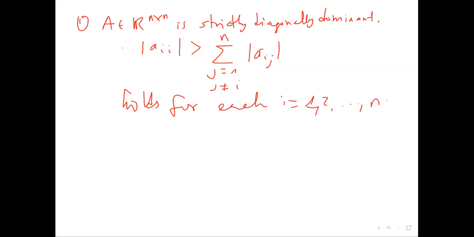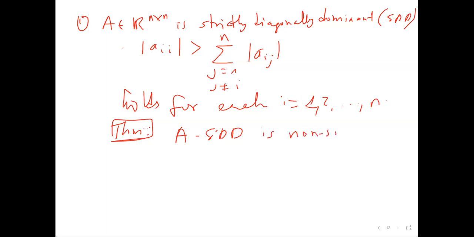Then what you should know, a very important theorem, is that if we have A to be, let me call this, strictly diagonally dominant, then it is also not singular. And then Gaussian elimination can be performed on Ax equals b to obtain the solution without row or column interchange.